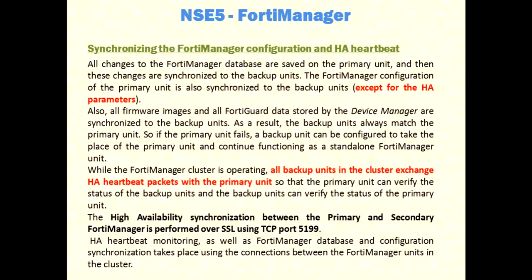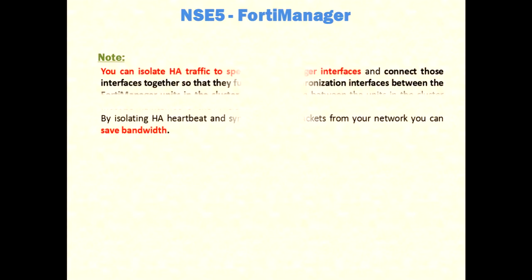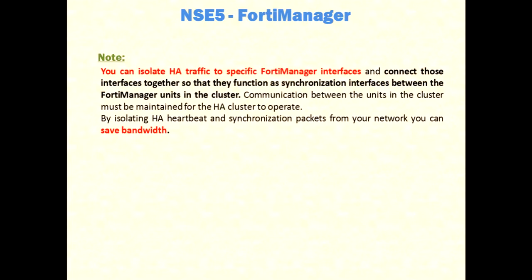High availability heartbeat monitoring, as well as FortiManager database and configuration synchronization, takes place using the connections between the FortiManager units in the cluster. You can isolate high availability traffic to specific FortiManager interfaces and connect those interfaces together so that they function as synchronization interfaces between the FortiManager units in the cluster.